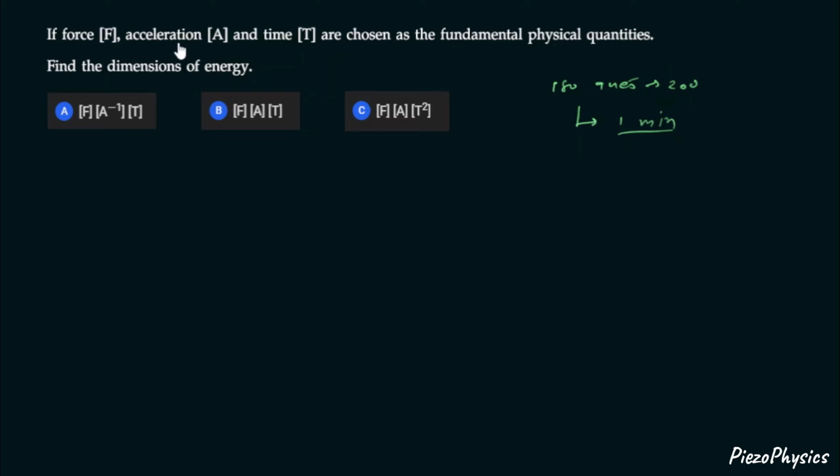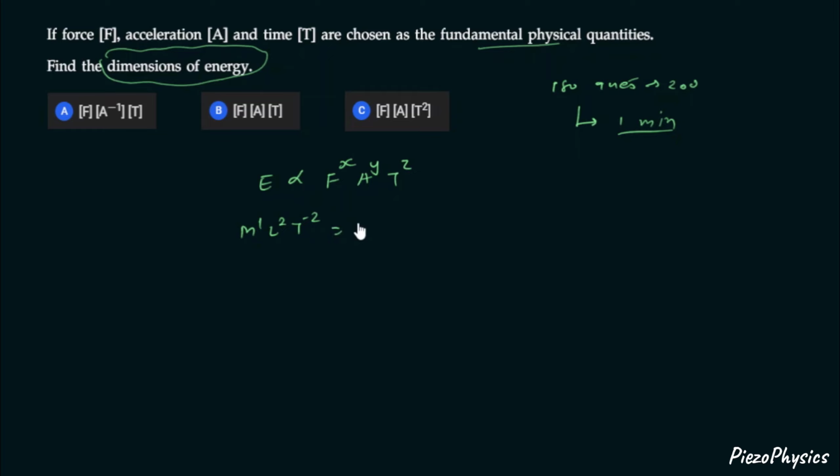If force F, acceleration A and time t are chosen as the fundamental physical quantities, then find the dimensions of the energy. So the dimension of energy should be in terms of force, acceleration and time. Suppose force has power x, acceleration has power y and time has power z. So the dimension of energy can be written as M1 L2 T minus 2.